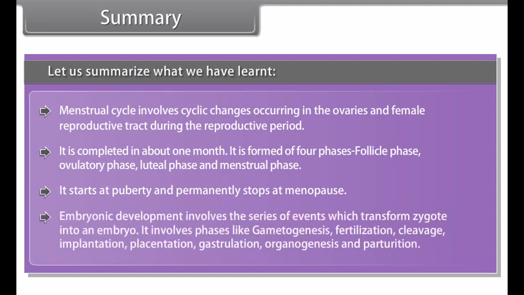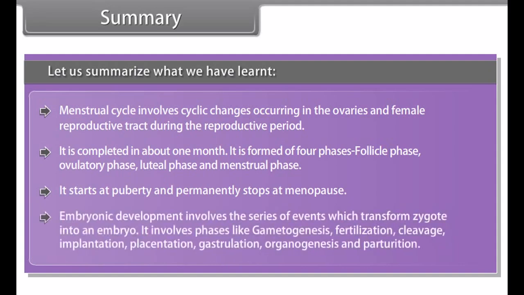Summary. Let us summarize what we have learned. Human beings are unisexual and show sexual dimorphism. Male reproductive system is formed of testes, epididymis, vas deferentia, urethra and penis.